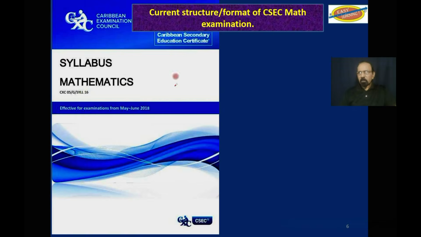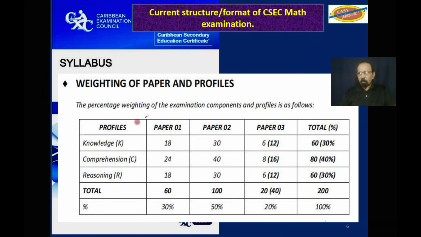Instead of collecting your own data, you will be given data and asked to do statistical analyses on the given data. As it relates to the marks and the profiles, there is a knowledge profile, a comprehension profile, and a reasoning profile.